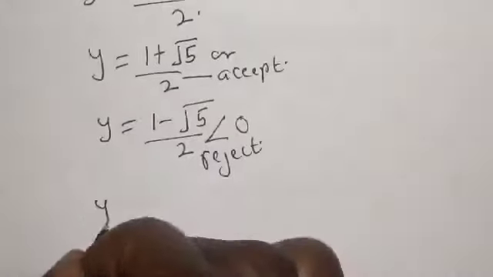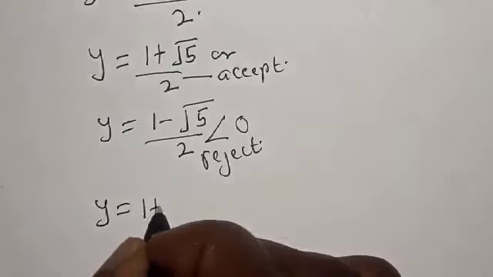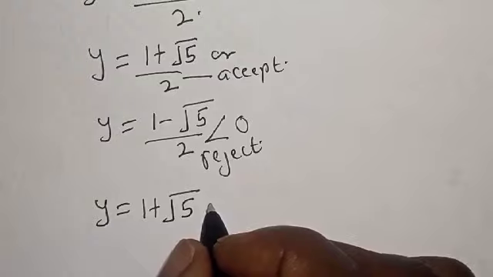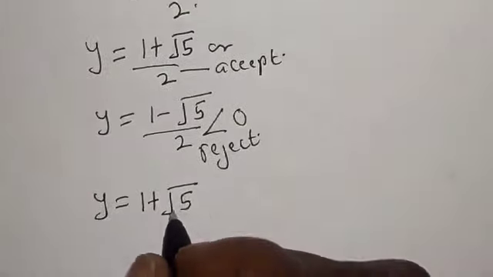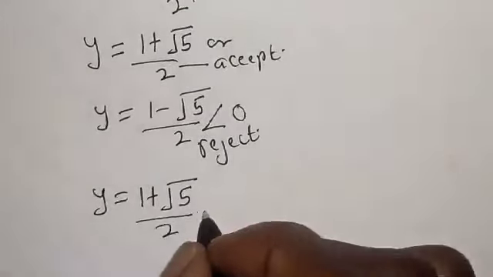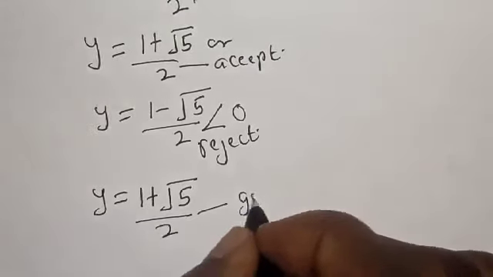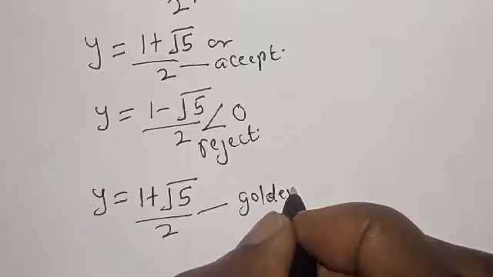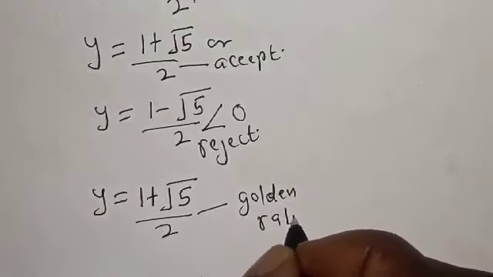So y is equal to 1 plus square root of 5 over 2. This is called the golden ratio.